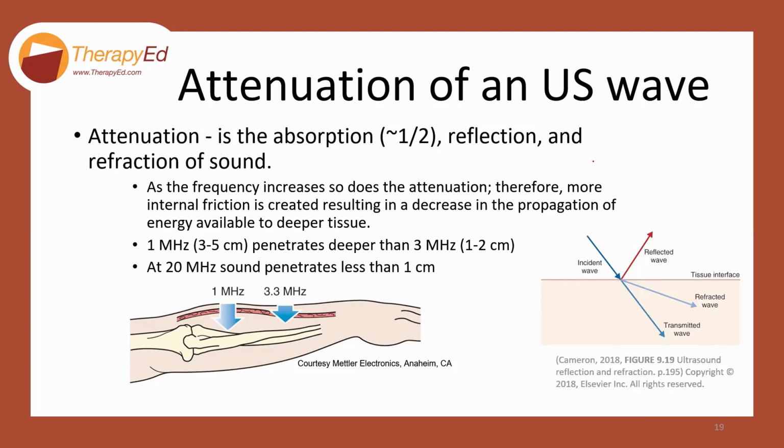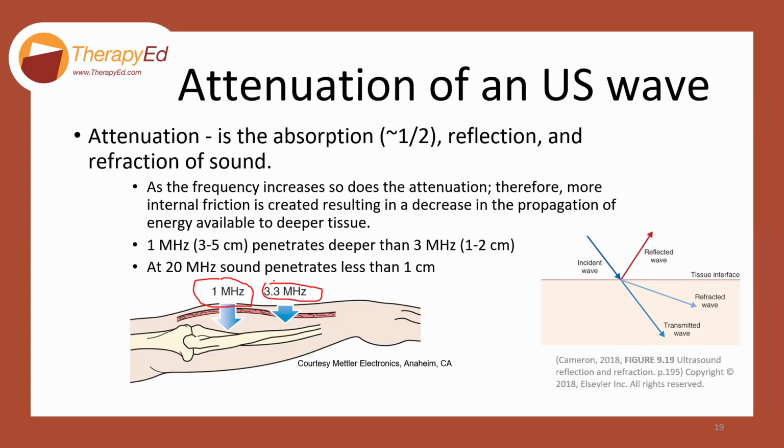So when you're talking about an ultrasound wave, the 1 megahertz, there's going to be 1 million waves within that second. In this example, 3.3, there's going to be 3.3 million. So they're going to be much shorter in terms of their length.